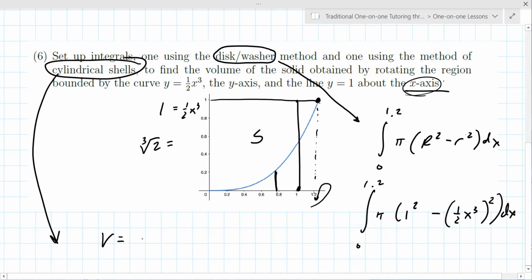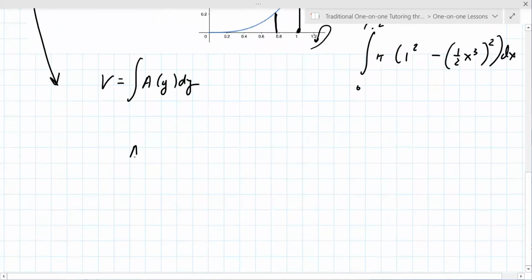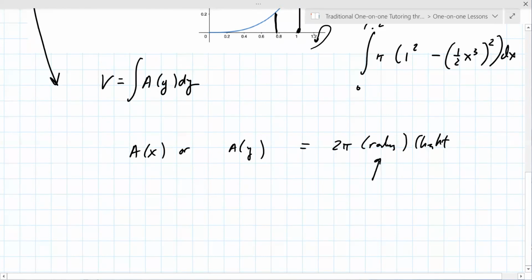So it's integral a of y dy, which is not the preferred choice, I guess what I'm trying to say. But whether it's a of x or a of y, it's always 2 pi radius times height, okay? The radius in this case is usually your x or your y, depending on which one you're doing, and then your height is the other way.